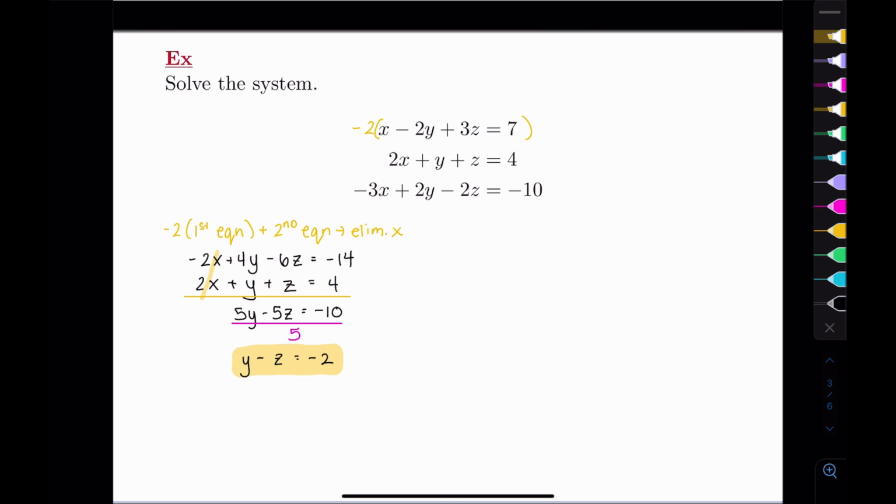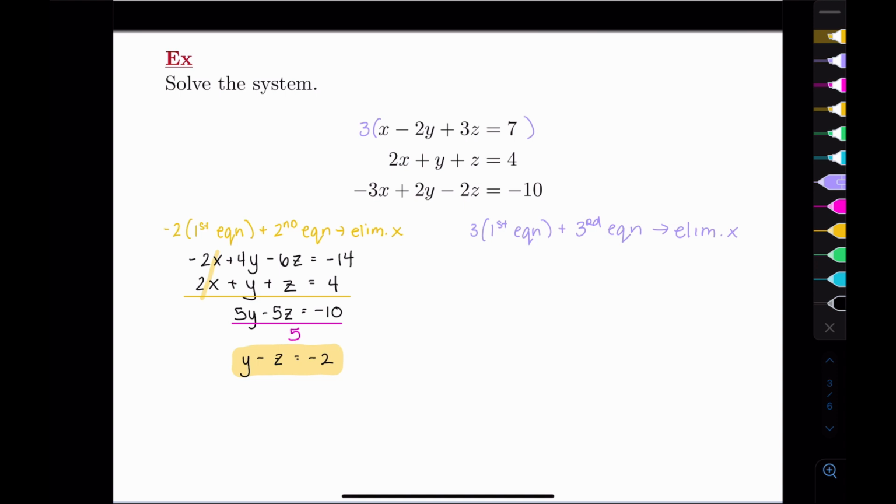I want to do the same thing, but now I want to use 2 different equations. If I look at the x in the first and the third equation, to get rid of it, I need a 3 out front. So I need to do 3 times the first equation, add that to the third equation to in turn eliminate my x again.